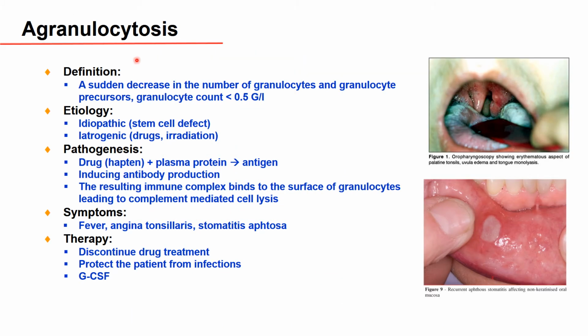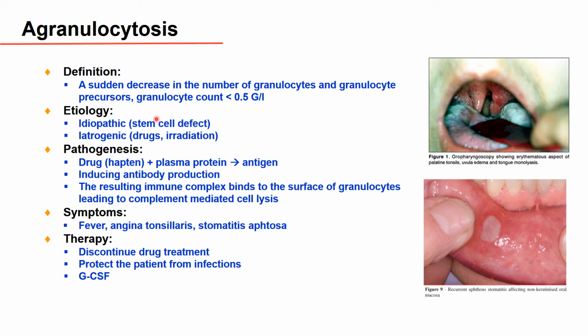Now, what is the agranulocytosis? Agranulocytosis is usually when we do have less than 0.5 giga per liter granulocyte count in the periphery. And this usually develops suddenly. The cause of it can be idiopathic, we have no idea why.